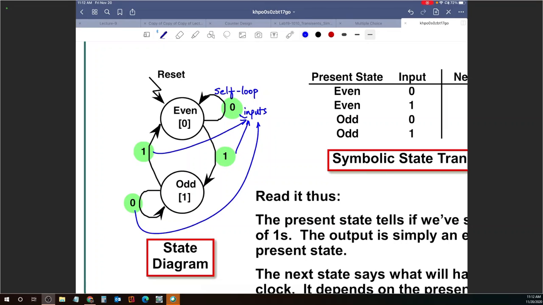Where are we writing the outputs? Let me highlight your outputs here in, say, blue. Output, output. You guys see that? And this is our state.